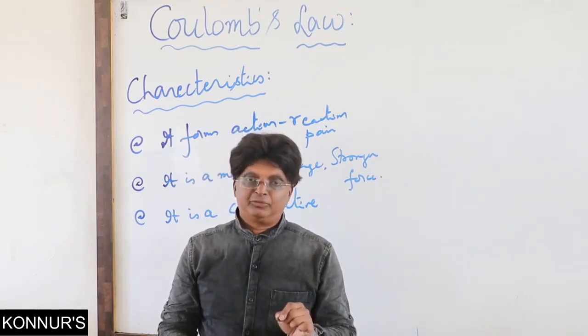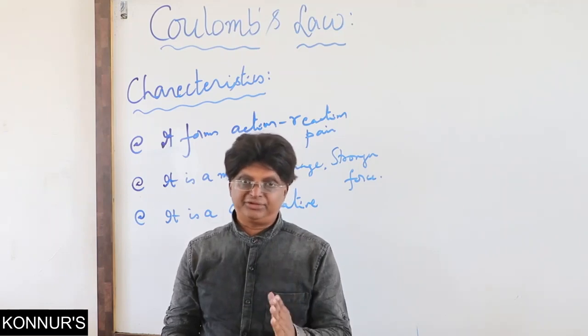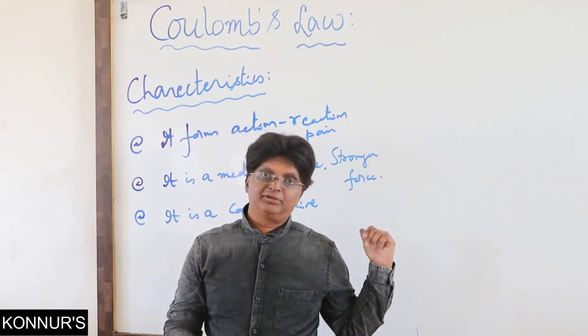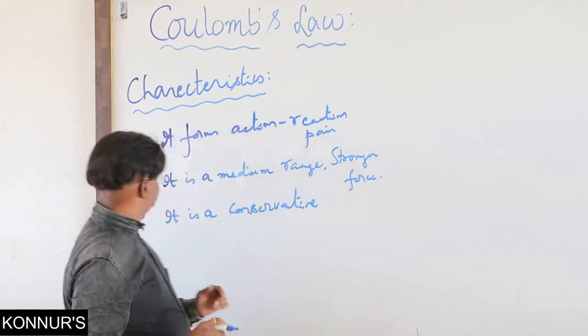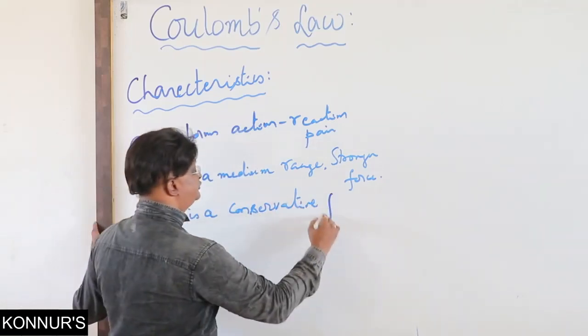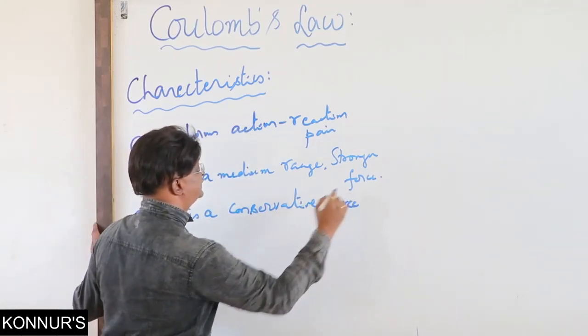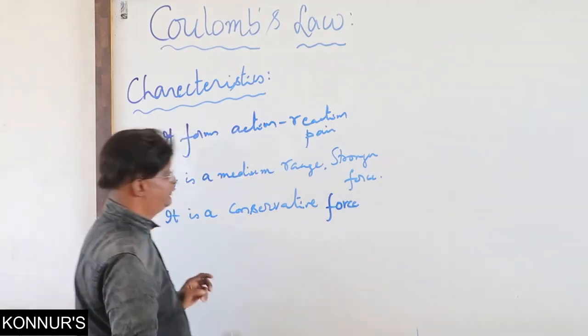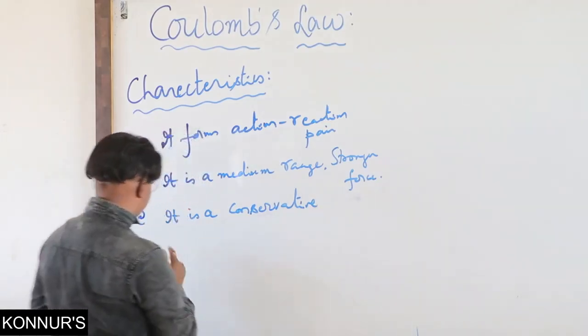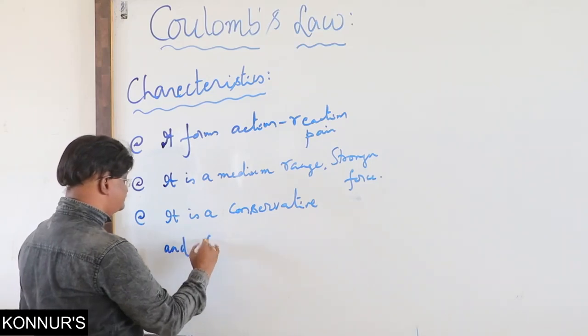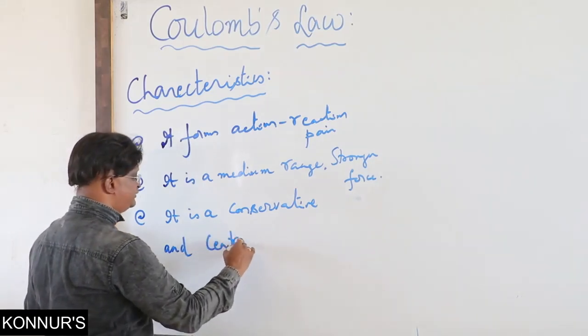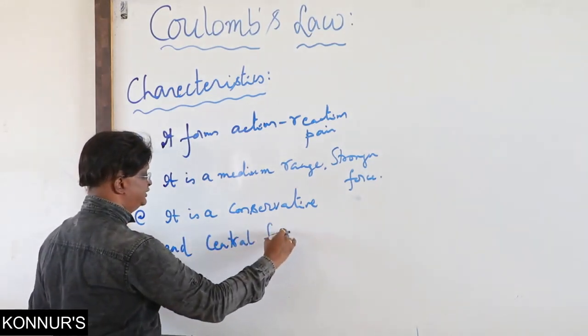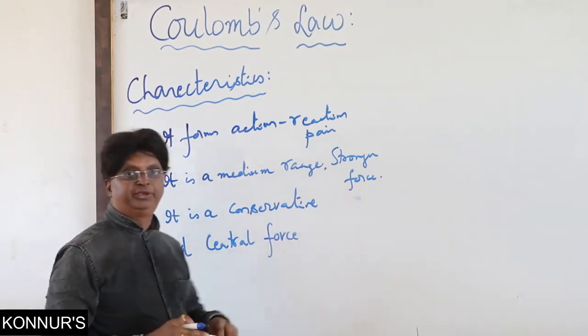For conservative force, in first year we learnt gravitational force. Now here comes another conservative force, which is Coulombic force. It is a conservative force, and also add one more thing: conservative and central force. Central force is also a definition that we learned in our first PU.